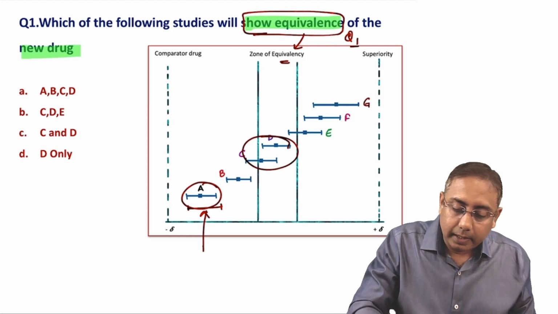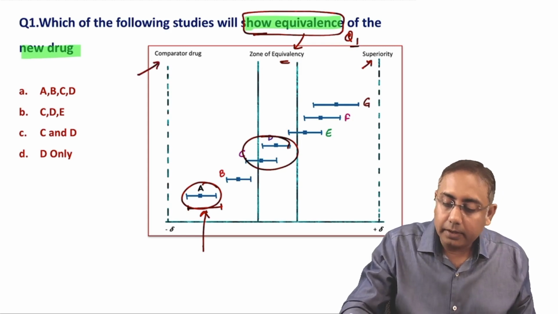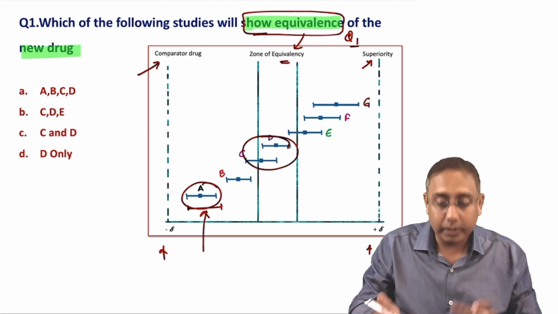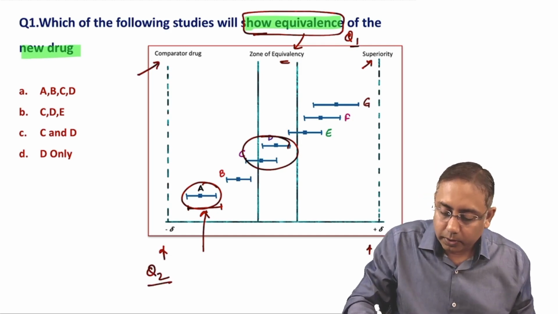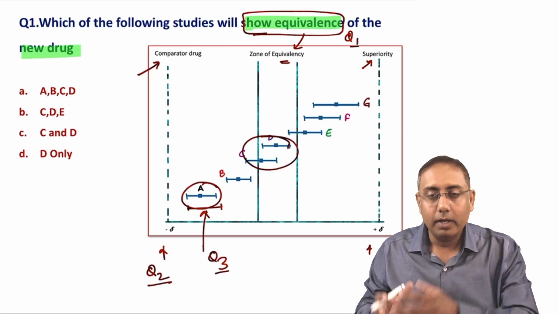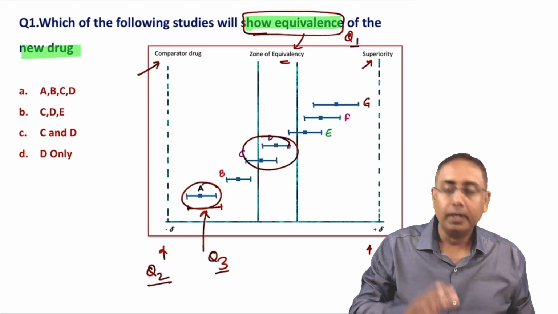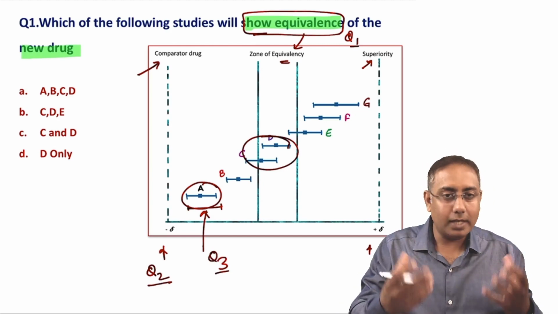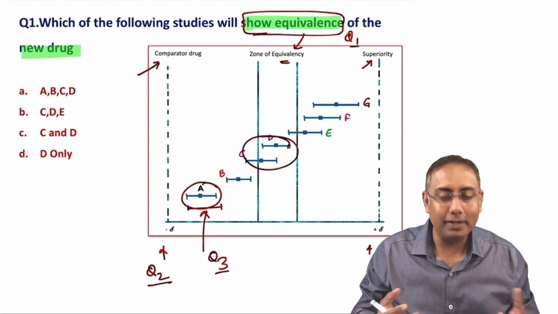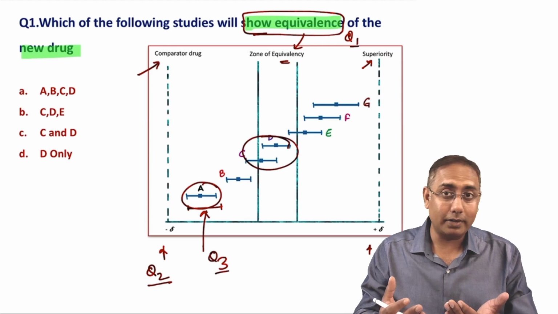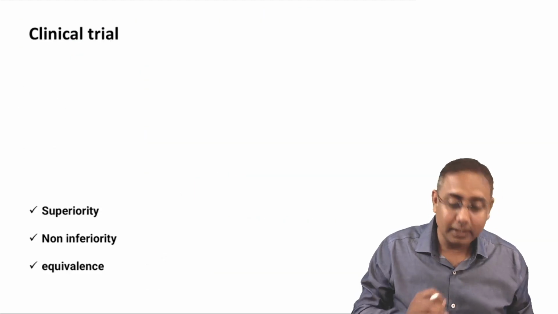Third, what do we mean by comparator drug and superiority? What is this diagram about? So there are three MCQs, question 1, question 2 and question 3, and three topics I need to tell you before you can solve this MCQ. All the students who have already listened to my lectures with full eyes, ears and heart open would probably have understood the concept and marked the right answers. But anyways, let's just discuss these.